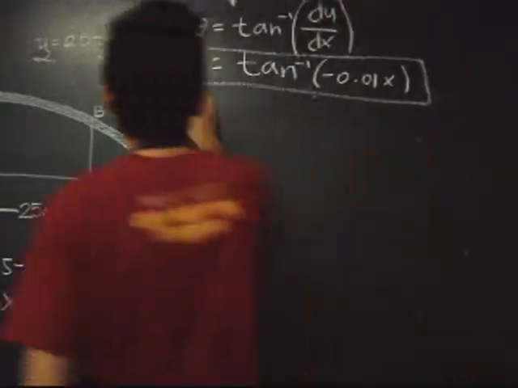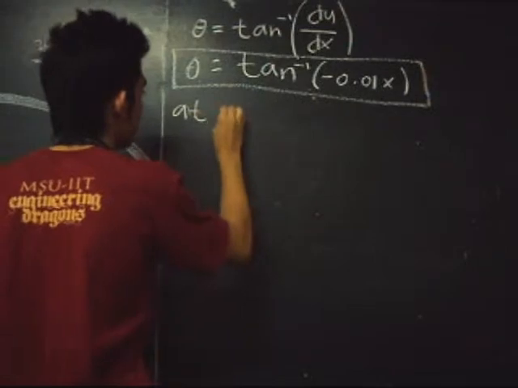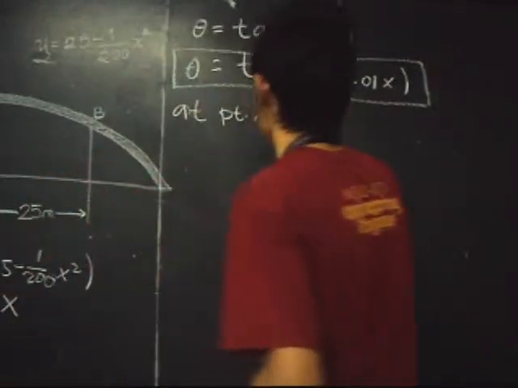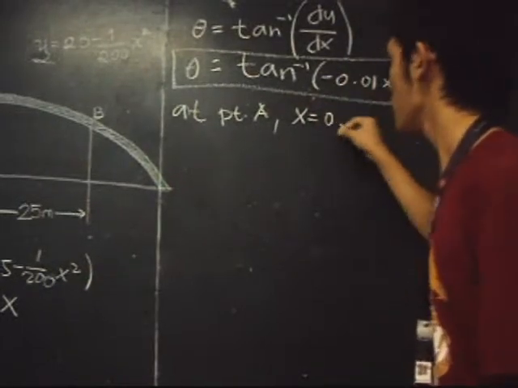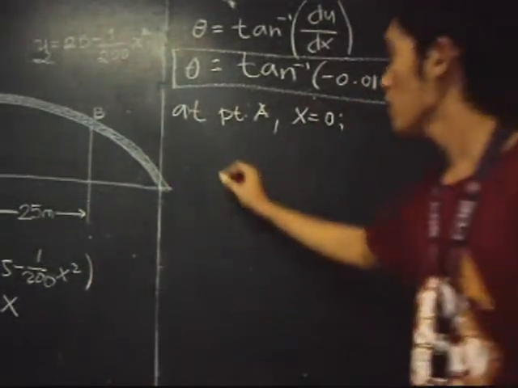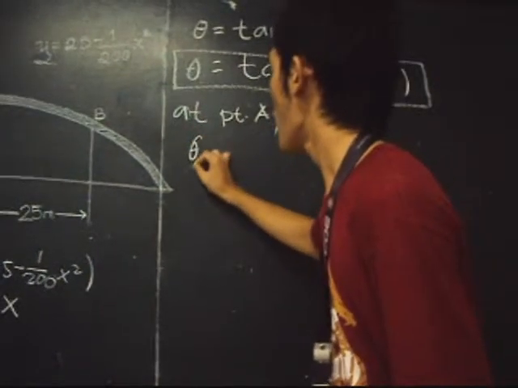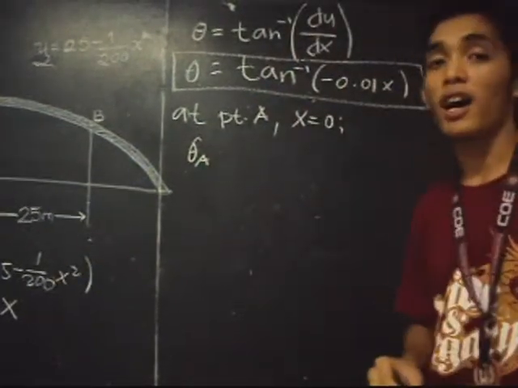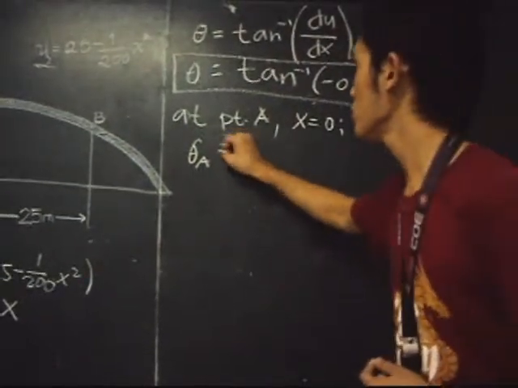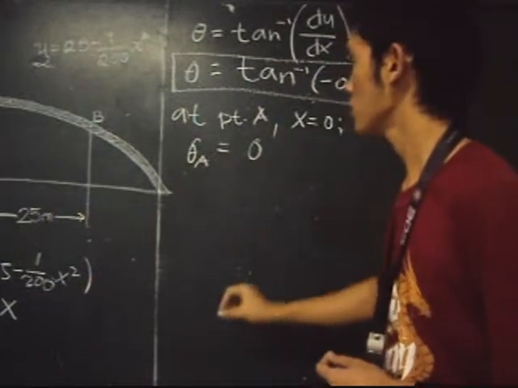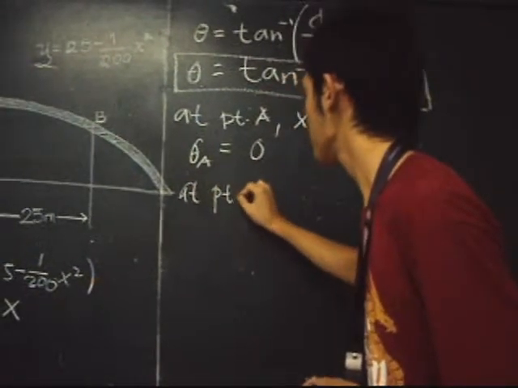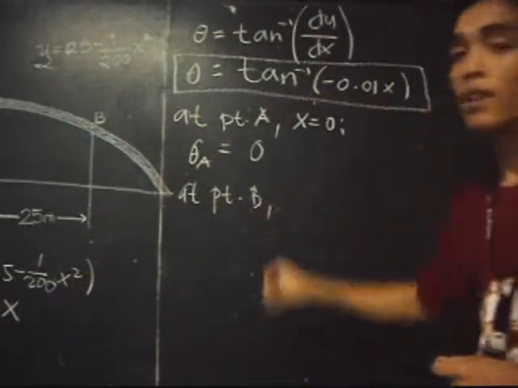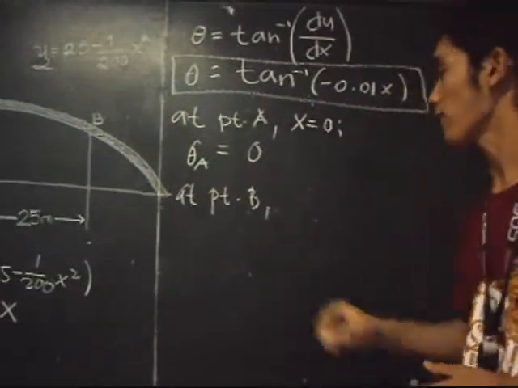Now, at point A, x is equal to 0. Therefore, angle theta at point A is equal to 0. At point B, x is equal to 25.